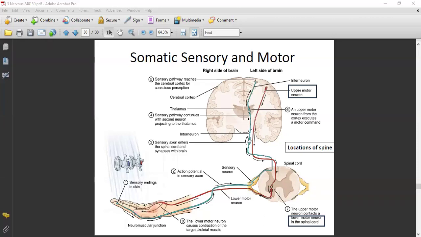Sensory neurons are in the dorsal root of the spinal cord. This is a root, extending out. This is the horn, so this is the ventral horn of the spinal cord. The ventral horn hosts the soma, the cell body of the lower motor neuron. So that's the location. And what's their function? Their function is to excite the muscle.